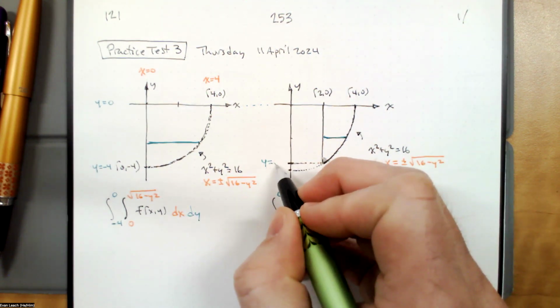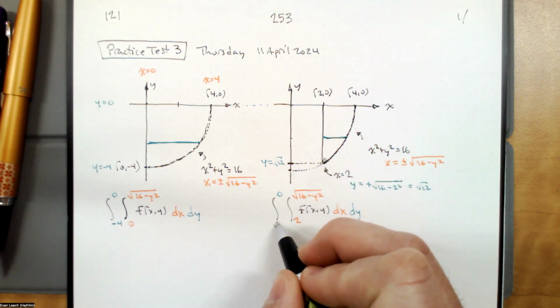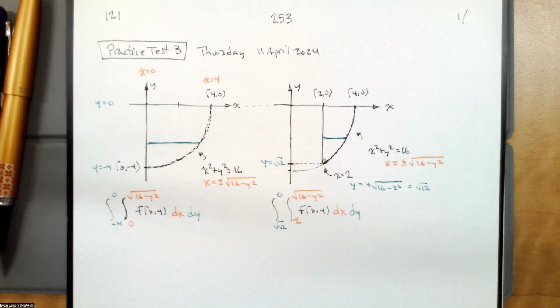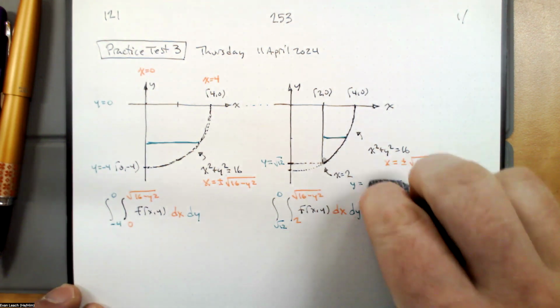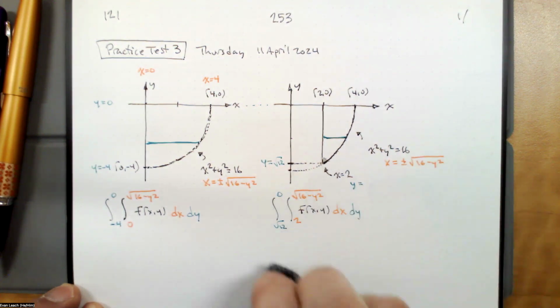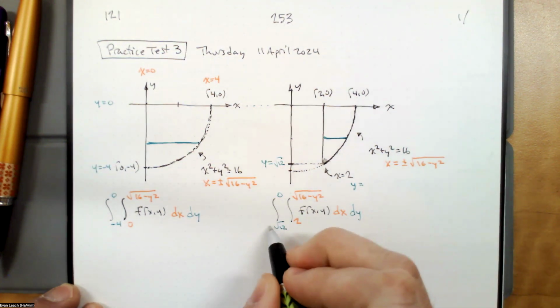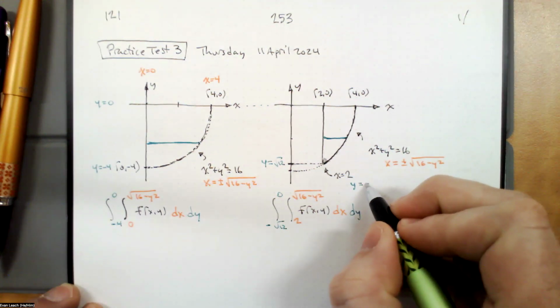That's where we're going to start down here. So the x will go from 2 up to the circle, and the y will start at negative square root of 12 and go up to 0.